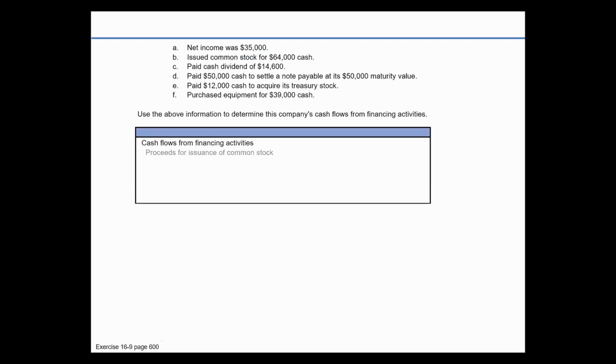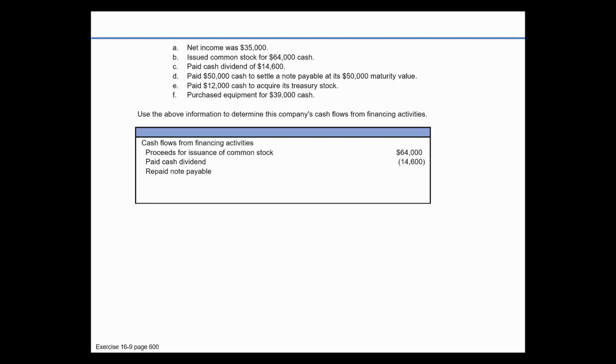And so the first one is the proceeds from the issuance of stock, and we see that in letter B, because with $64,000 in cash, we had to pay a cash dividend of $14,600. Again, that's a cash outflow, so it's a negative. We surround it in parentheses.